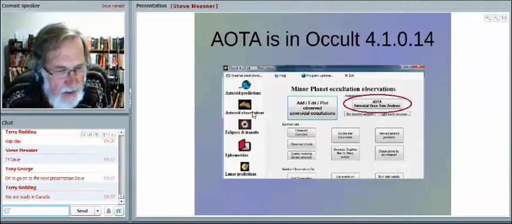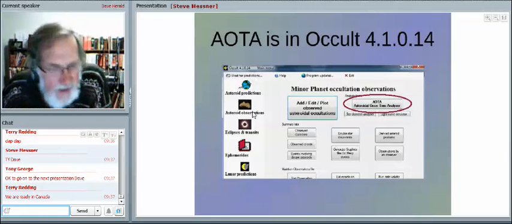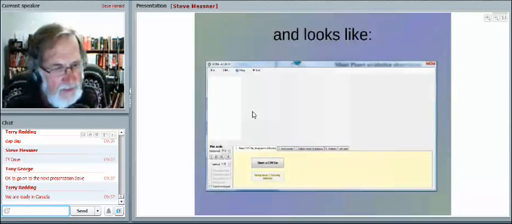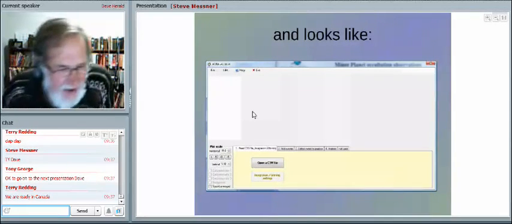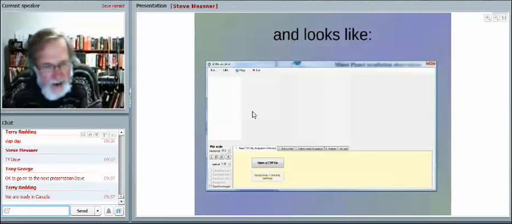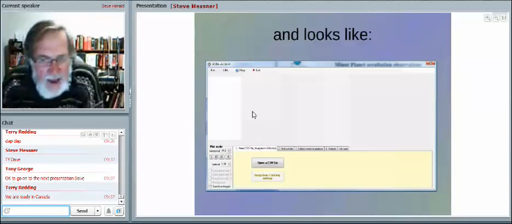It's on the Minor Planet Occultation Observations tab at the top right there. And if you go to the next slide, that's what it looks like in the raw form. And next slide.